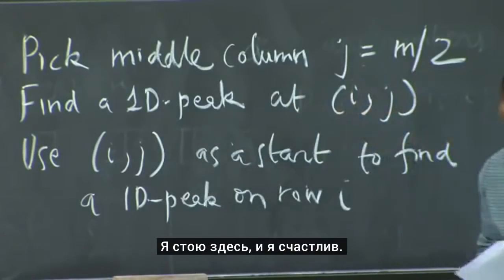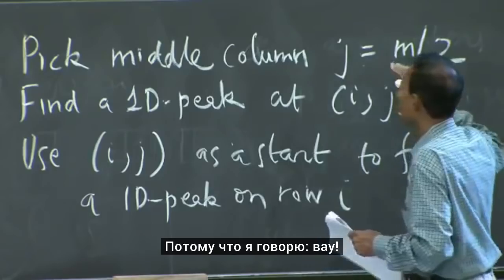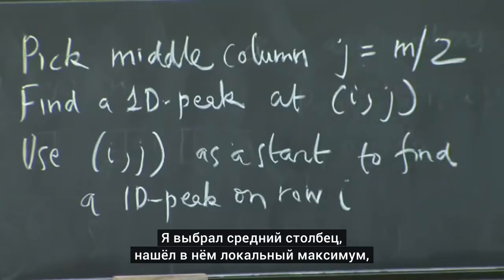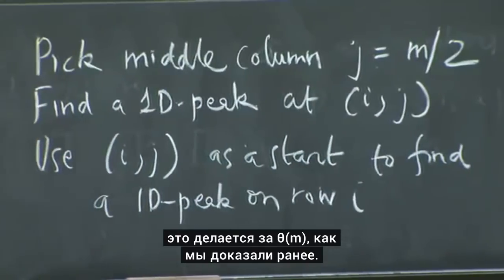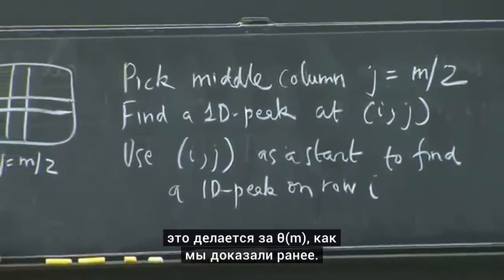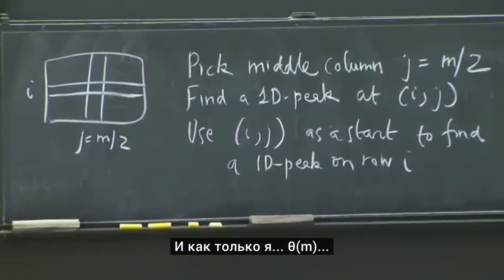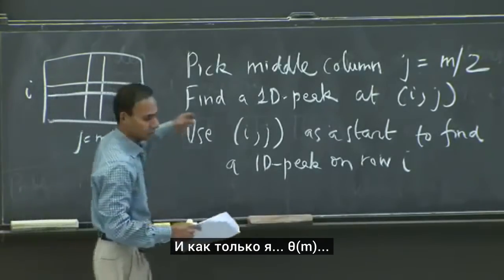And I stand up here and I'm really happy, okay, because I say, wow, I picked a middle column, I found a 1D peak, and that is log n complexity to find a 1D peak, as we argued.